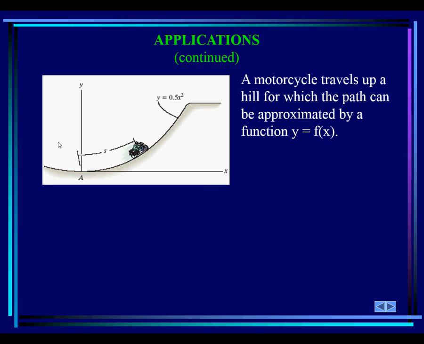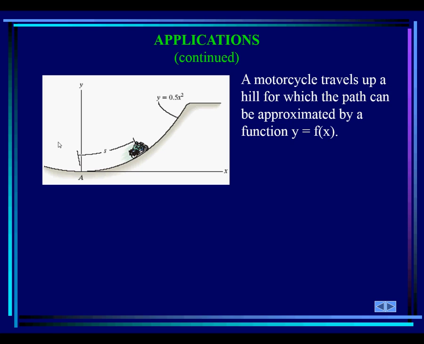Okay, let's take a look at this. A motorcycle travels uphill, and then you have this path, and it's going to follow this function y equals f of x. In this case, the motorcycle is going on a curved path.